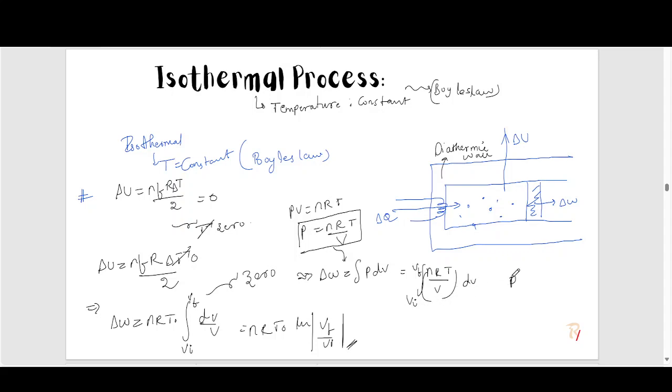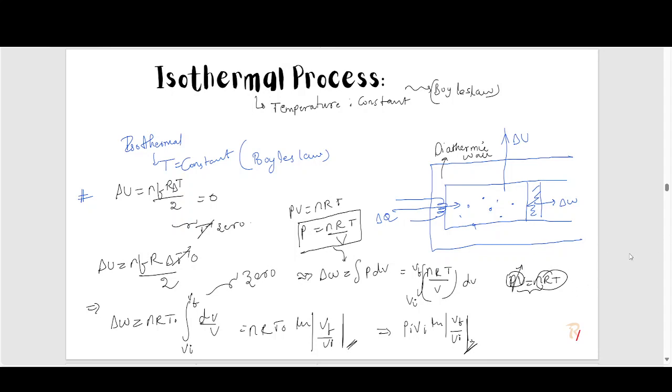Since PV equals nRT, here nRT can be replaced by PV. From this we can write P initial V initial ln of Vf by Vi as our required result.